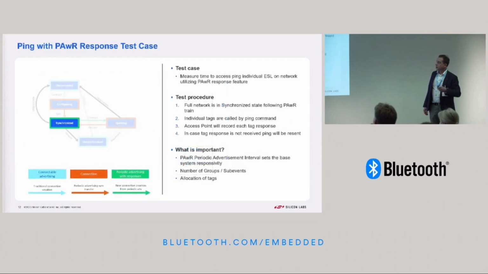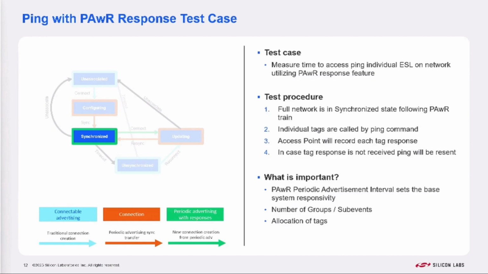If I take the next one, now we're in the heart of the PAWR. As a test, it may not be so exciting an outcome, because it's the expected outcome. In this case, we start from the condition that everything is synchronized.